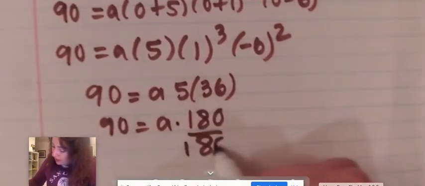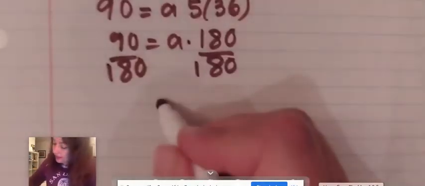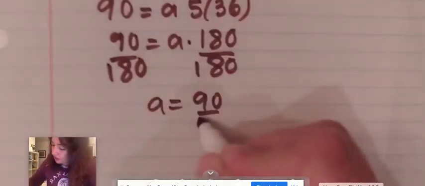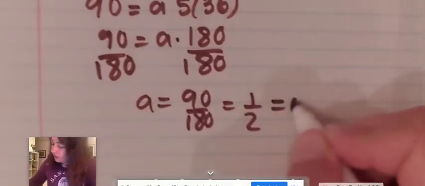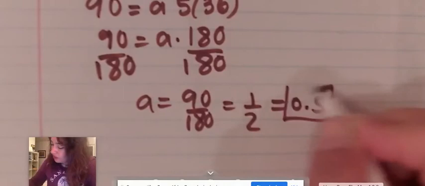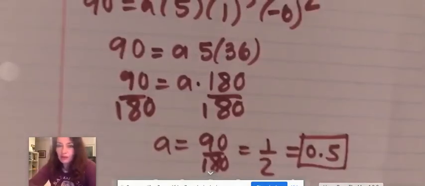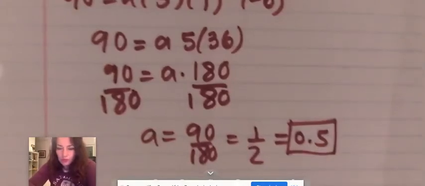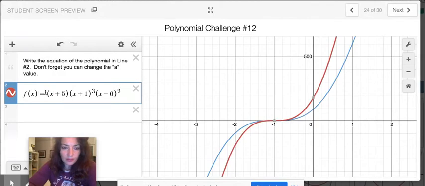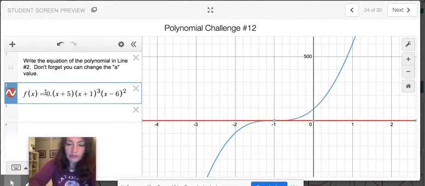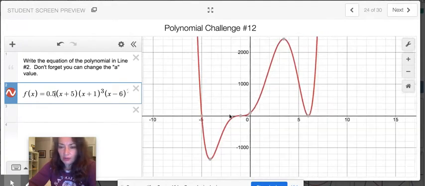Dividing by 180 on both sides, we get that a is equal to 90 over 180, which equals 1 over 2, or if you prefer, 0.5. So let's see if we plug in 0.5 for our a value, if that works. So going back to the graph, I'm going to plug in 0.5, and we have matched our graph.